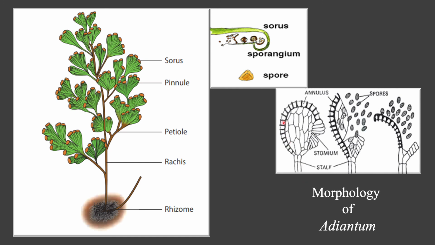The sporangium can be differentiated into three parts: a stalk, an annulus, and a stomium. Inside the sporangium, spores are present. When mature, the sporangium bursts at its stomium, releasing the spores.